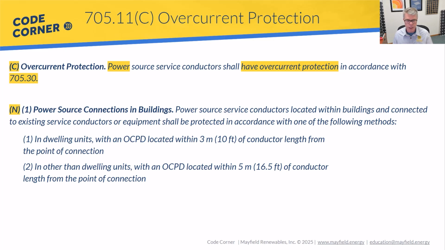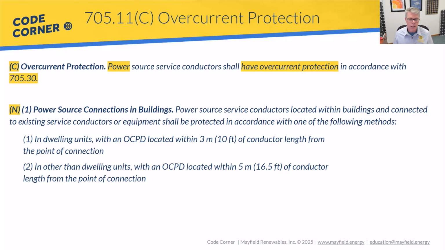If you want to pause the video and read the code language, you can. But what we are getting to here is dwelling units. For 1 and 2 family dwellings, we are limited to 10 feet, or 3 meters, of conductor length from the point of connection to that overcurrent device. And that is the actual conductor length.